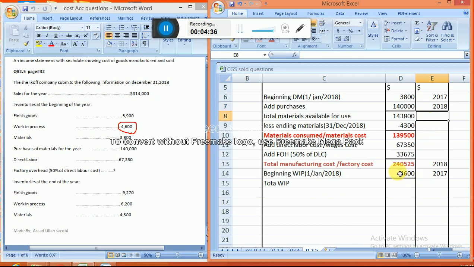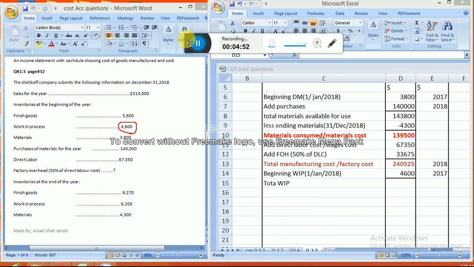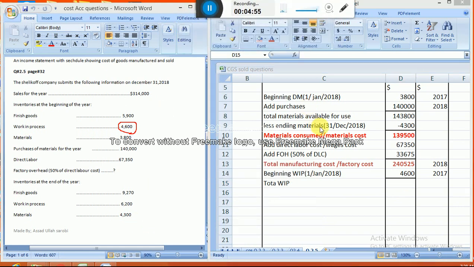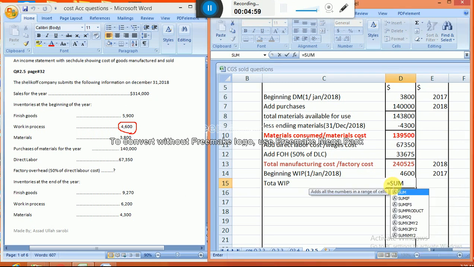Now we add the remaining of 2017 and the 2018 work in process. So now the total work in process is how much? We add these two.